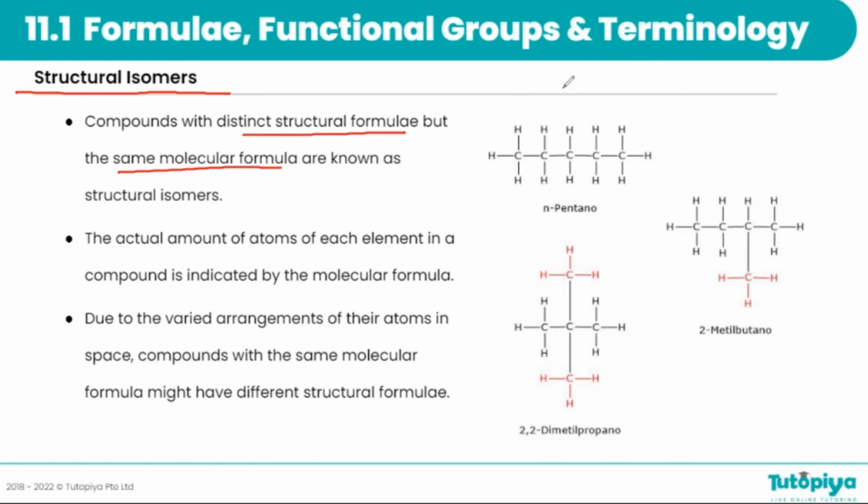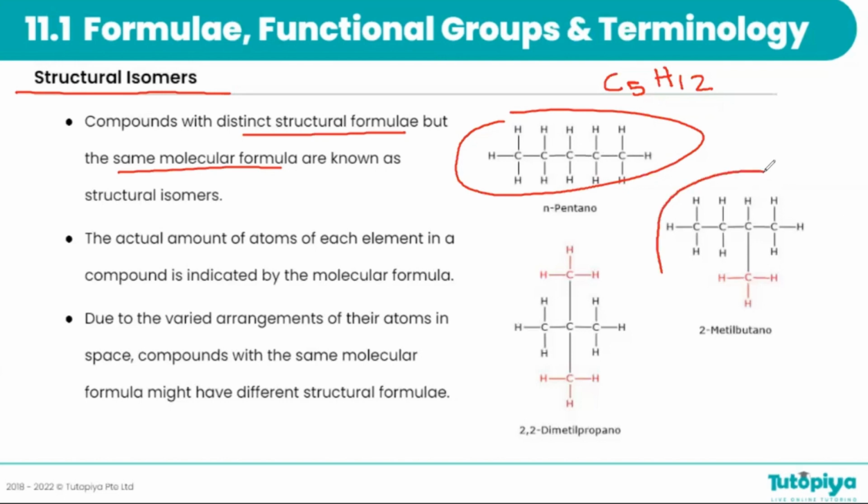So here, the number of carbons is 5, and the number of hydrogens is 12 in every single one of these examples. But in this first molecule, they have arranged the carbons one after another like a chain. So each carbon is only attached to a maximum of 2 other carbons.